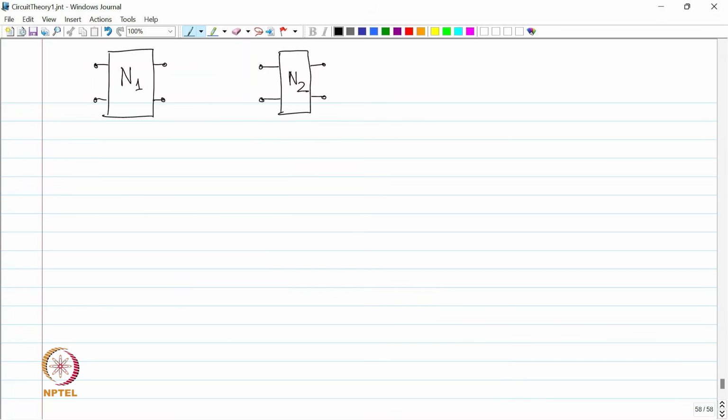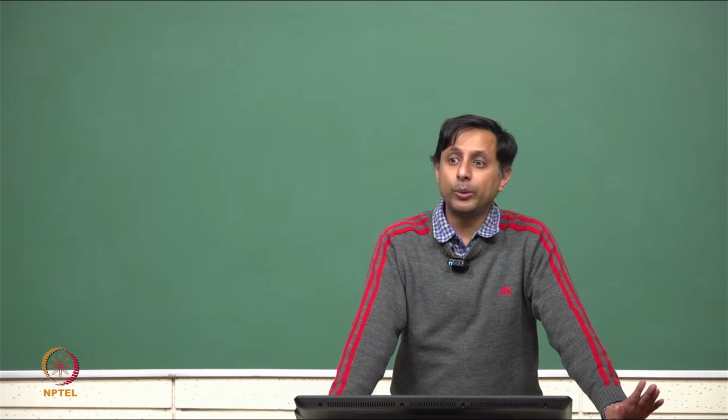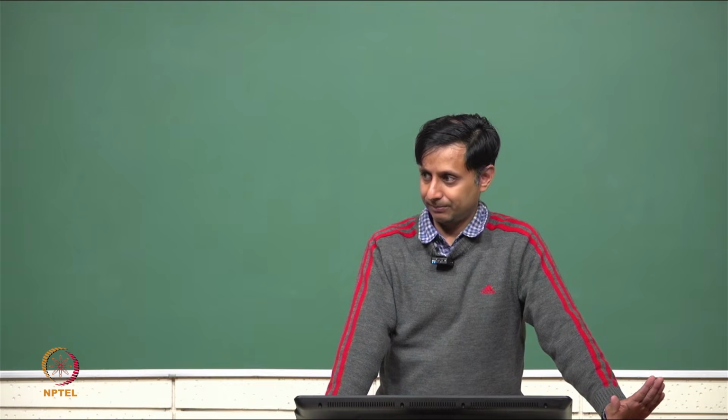Contents inside are not revealed to me. I take them back to the lab and do my 2-port parameter measurements, and lo and behold, I find that the 2-port parameters are exactly equal. All right. Then my claim is that these two networks are equivalent to each other.